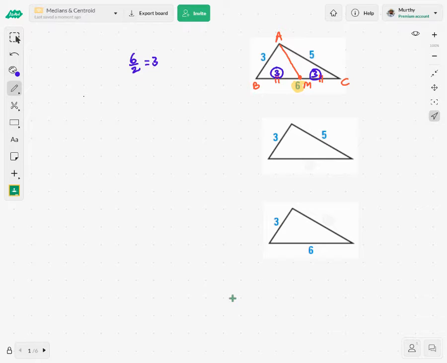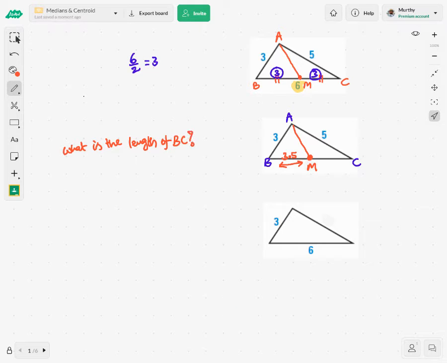Okay, let's say that I'm taking another example. The same way, BM is the median. Suppose this is given as 3.5 units. So this is the length of BM, and the question is what is the length of BC?